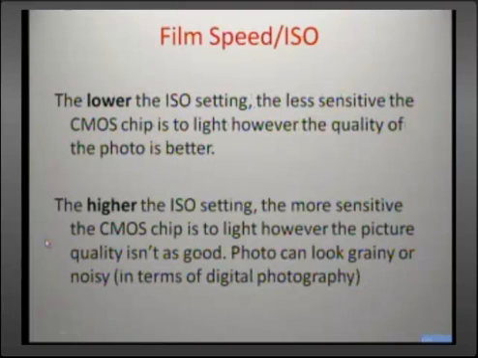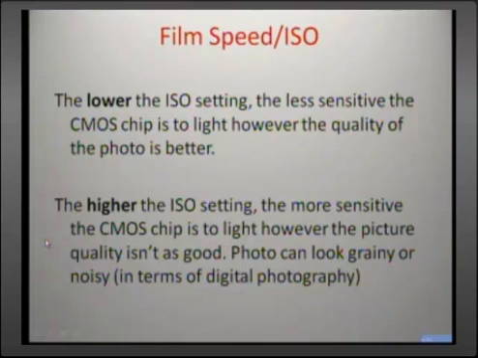Something to know then is that the lower the ISO setting, the less sensitive the CMOS chip is to light. However, the quality of the photo is better. So don't forget that when we're talking about the lower ISO settings, we are talking about actually better resolution or better, sharper photographs.